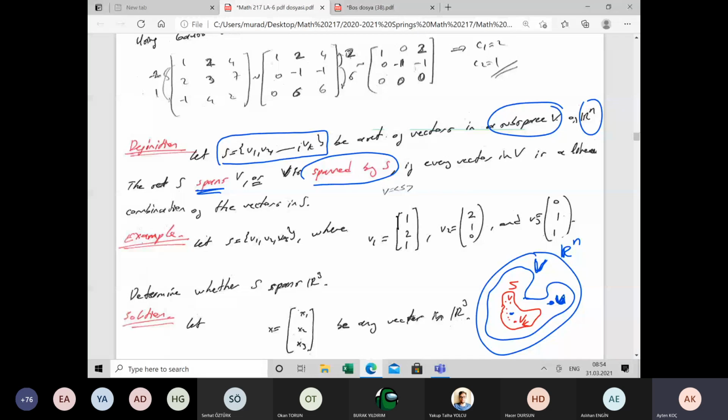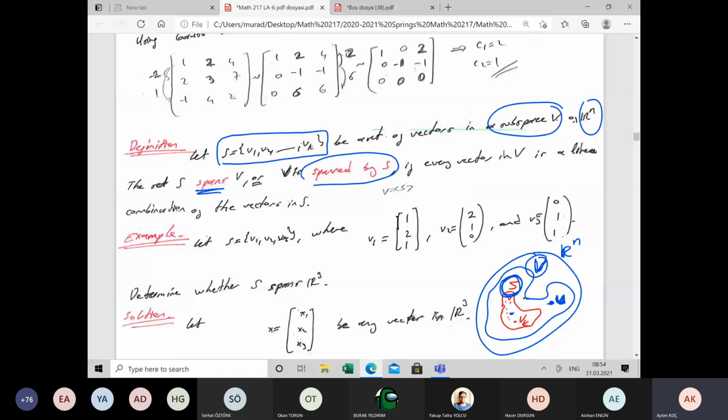Then this set S spans V, and it means this S generates the whole subspace V.